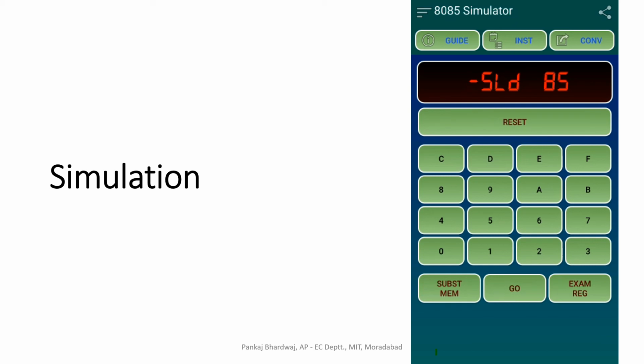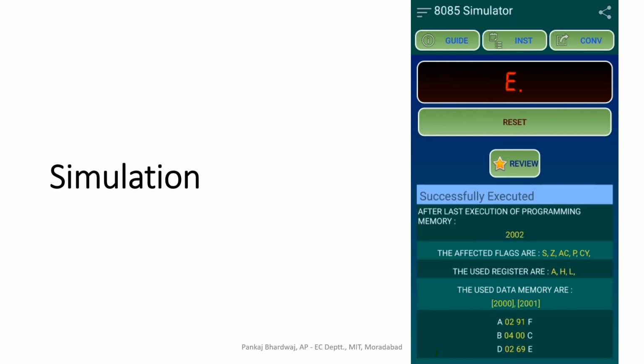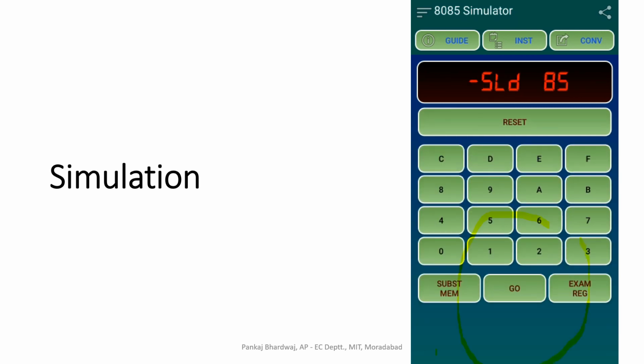So here is the end, 76. Now we put reset, then we go to memory and execute. It says successfully executed. These are the contents, and then we go to memory 2001, and here is our answer, that is 02. Okay, thank you.